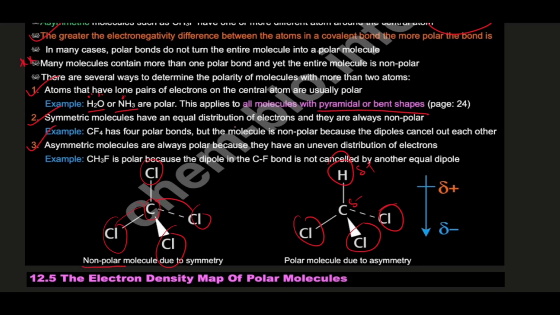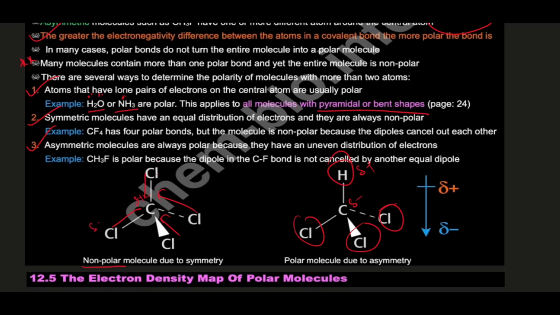Symmetrical molecules have an equal distribution of electrons. They are always non-polar because they don't have any polarity present, considering the polarity of the four bonds cancels out each other. What happens is pretty simple.